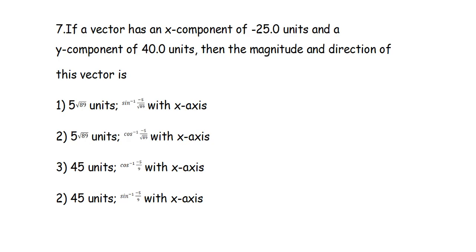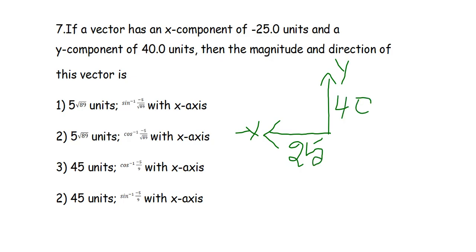The x component is negative, so that means this is the second quadrant. In the second quadrant, we have the negative x axis and positive y axis. So the x component is 25, the y component is 40 units. Then find out the magnitude and direction of this vector.